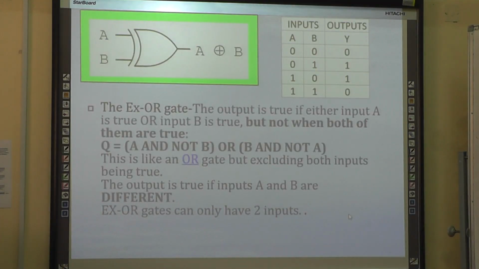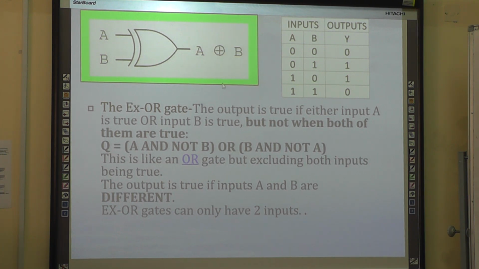Here is another kind of gate. We call this one the XOR gate. It is similar to the OR gate, but there is an additional line at the back of the inputs. Okay, so there is a plus sign inside a bubble.